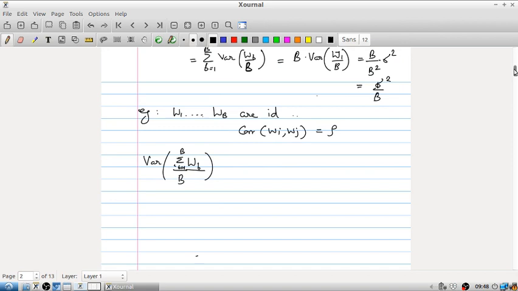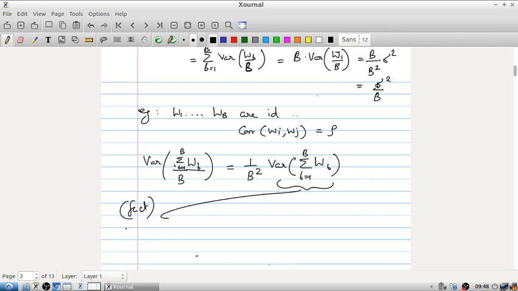The coefficient term, just a constant number, comes out this way, so it's the variance of the sum over b equal 1 to B of w_b. Now this is what is interesting, and this variance, just take it as a fact. Actually, you can derive it simply, but I'm just going to write it.